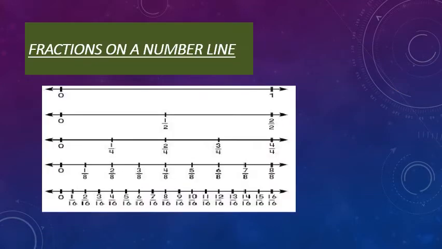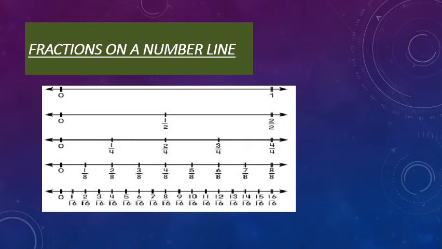Now, representing fractions on a number line. Whenever we are representing any number on the number line, the first thing which we need to keep in mind, especially for fractions, is between which two whole numbers that fraction will lie.